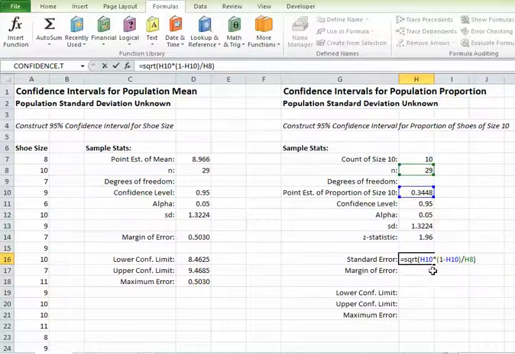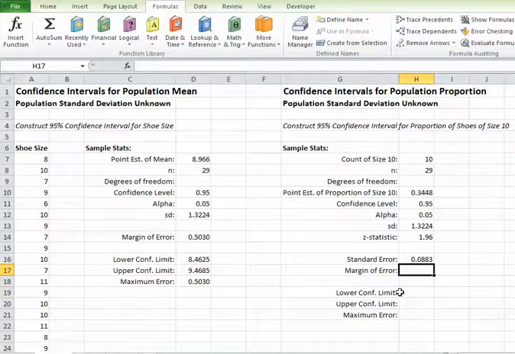Let me look at my equation. Let's see. I'm going to count the number of left parentheses. I've got 1, 2, and it's got to equal the number of right parentheses. 1, 2. Looks good. There's my standard error.